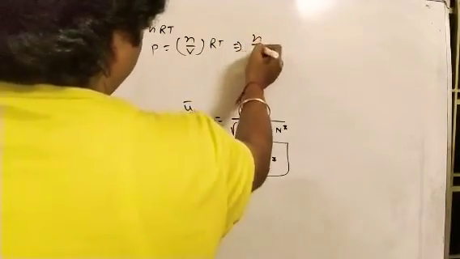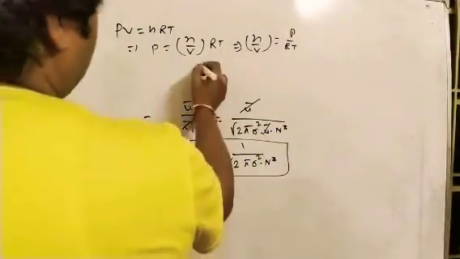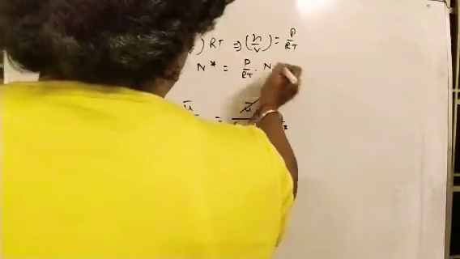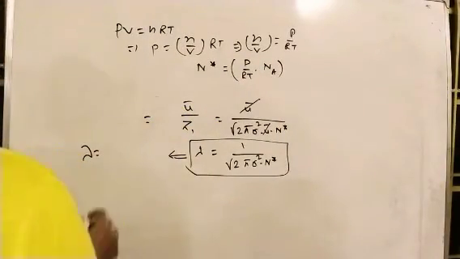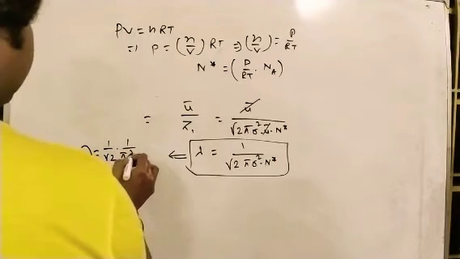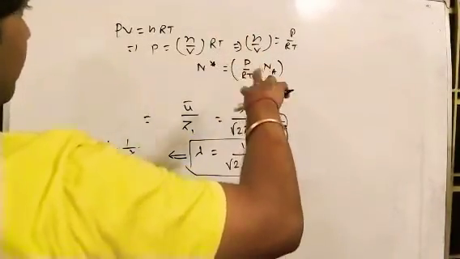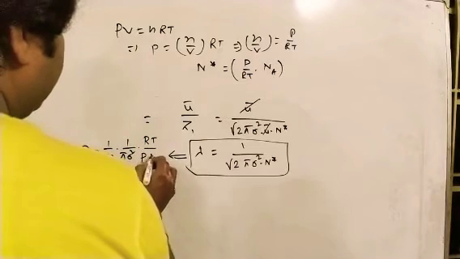So I can say n by V equals P by RT. So what was n star actually? It was P by RT into NA, Avogadro number. So if I apply this formula here, lambda is equal to 1 by root 2 into 1 by pi sigma square. N star is here. If I put the whole value, it is RT by P into NA.